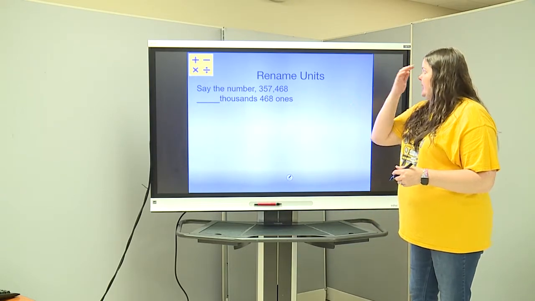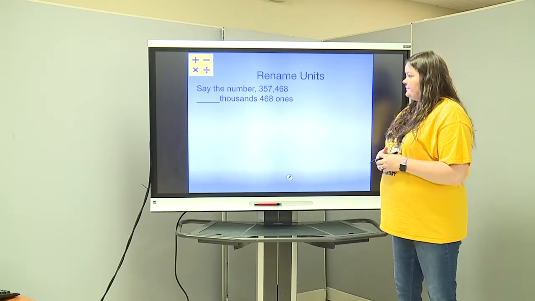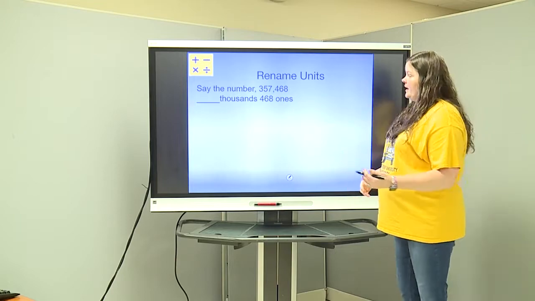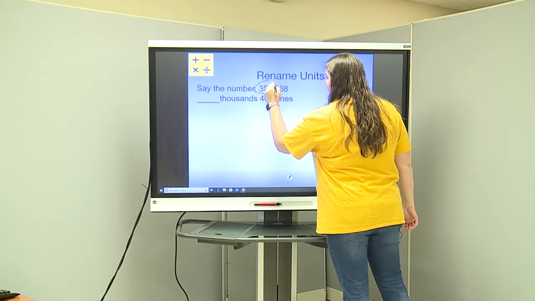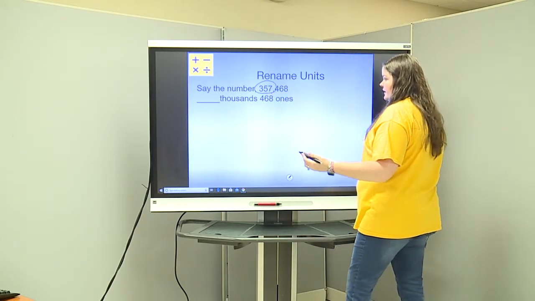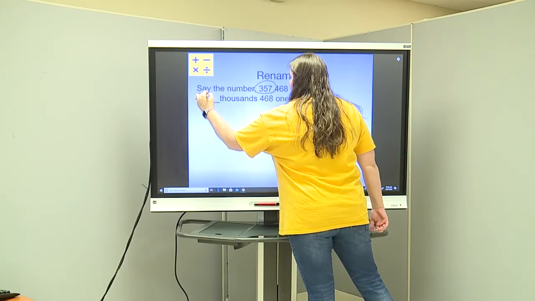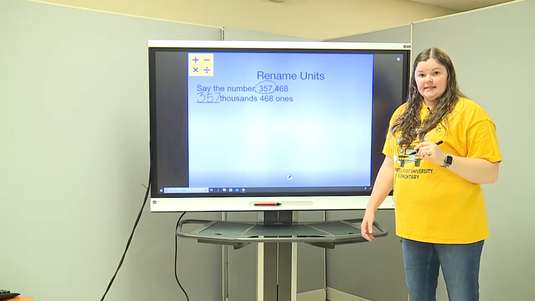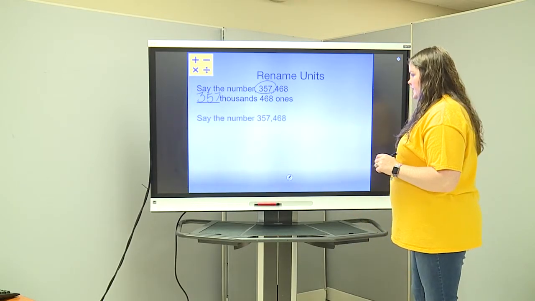So all we need to do is figure out what those thousands are. So of this number, they have 468 ones. So that means everything else that's in front of that comma is going to be in our thousands base. So it's going to be 357,468 ones.